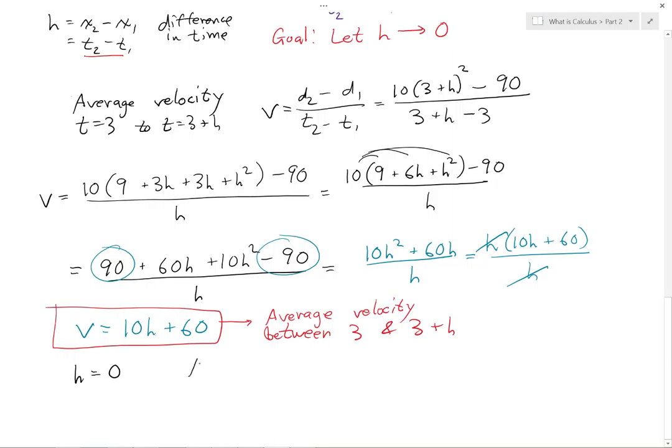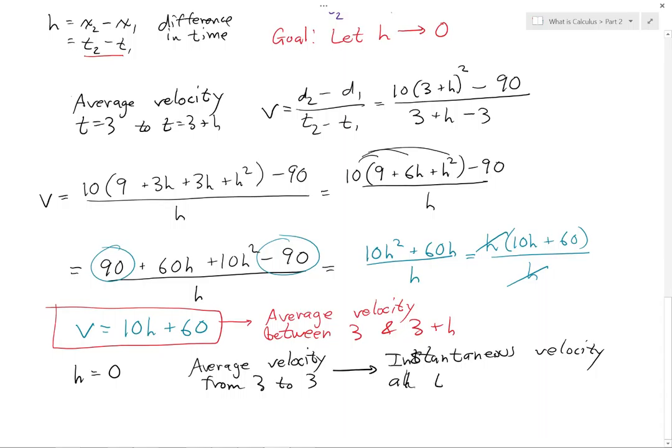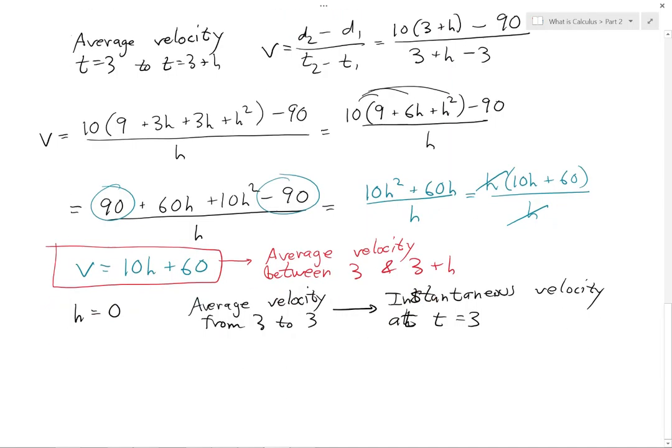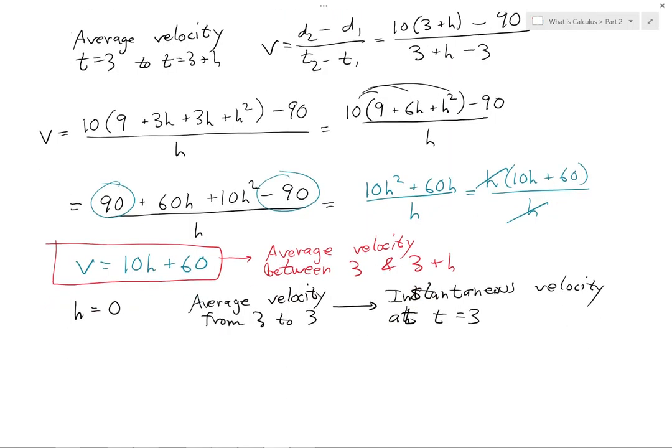This is going to be the average velocity from 3 to 3, or in other words, the instantaneous velocity at t equals 3. So all you do is plug in 0 for h. That's 10 times 0 plus 60, and there we have it.